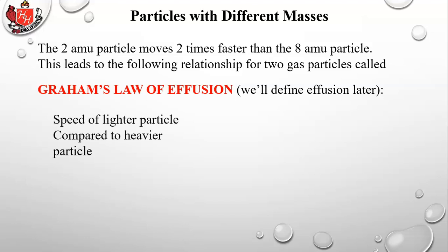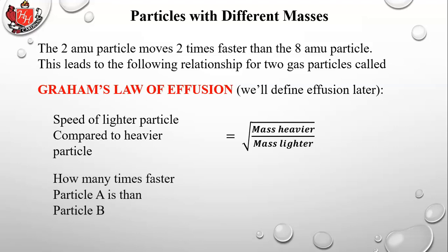So the speed of the lighter particle compared to the heavier particle is equal to, you take the mass of the heavier particle, divide it by the mass of the lighter particle, and then you take the square root of the quotient of that division. So mass of heavier over mass of lighter. So in our example, how many times faster is particle A moving?